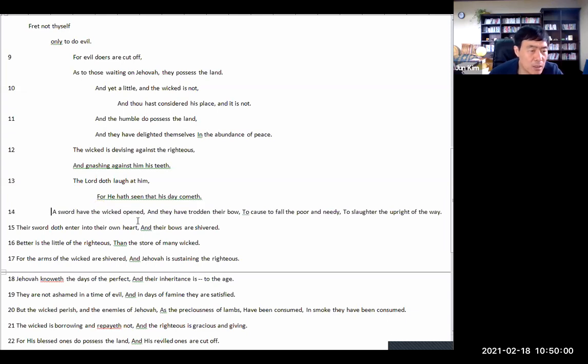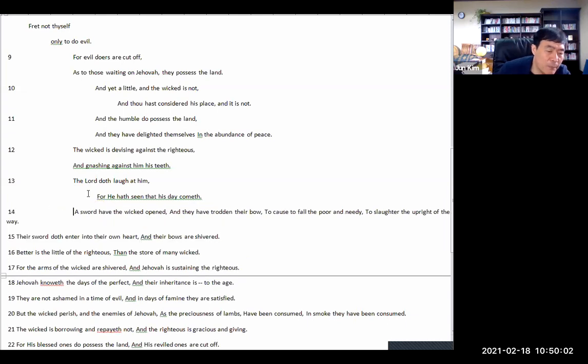I think, it depends on you, but I want to say this idea deals with the concept of the wicked devising against the righteous. So I want to put it under the description of the wicked devising against the righteous, not on the same level as verse 12.